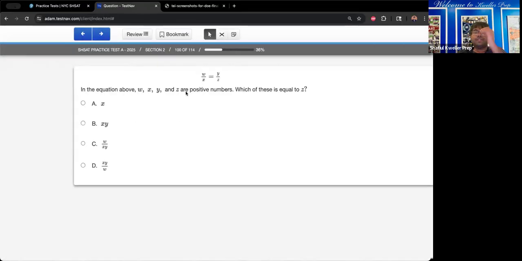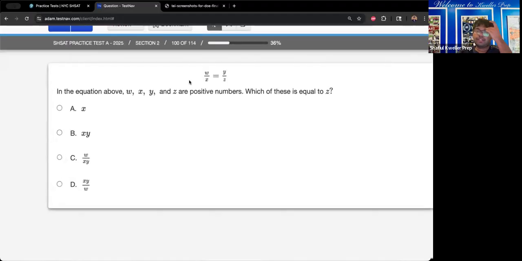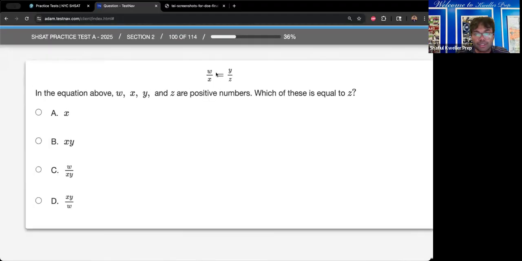Which of these are equal to z? Solve for z. So do the cross multiplication. Multiply the w and the z, that's wz. Multiply x and y, that's just xy. To solve for z, you just have to divide by w on both sides. So z is equal to xy over w.